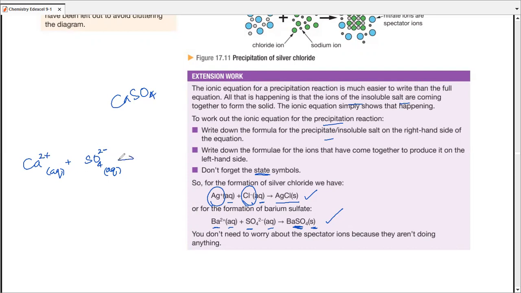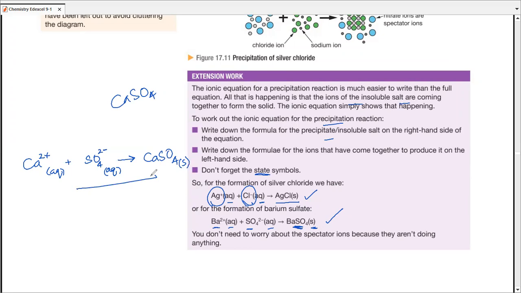So we mention their states, write it like this. And finally, you can write your calcium sulfate salt with the solid sign. There you go. You have the ionic equation.